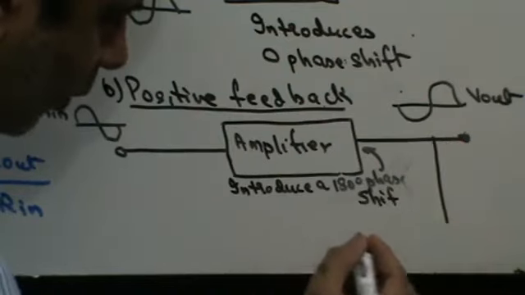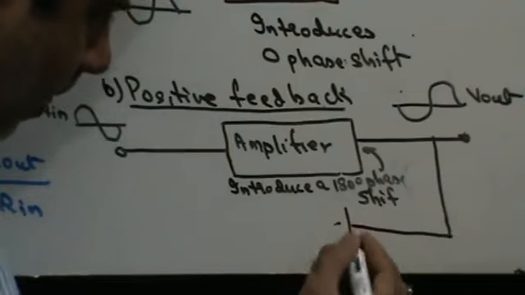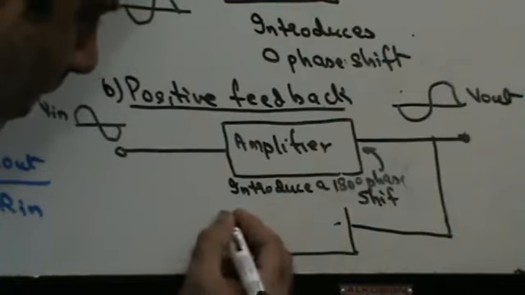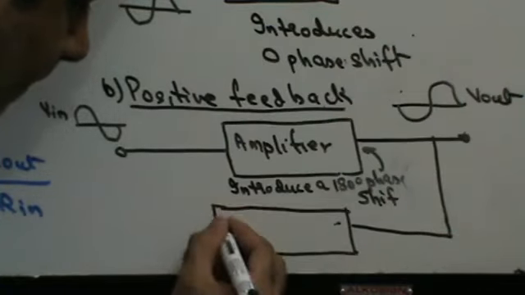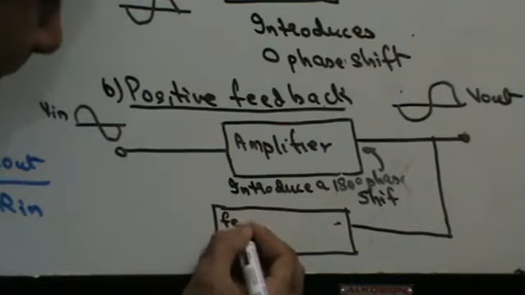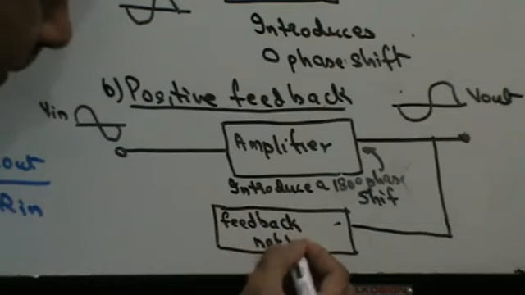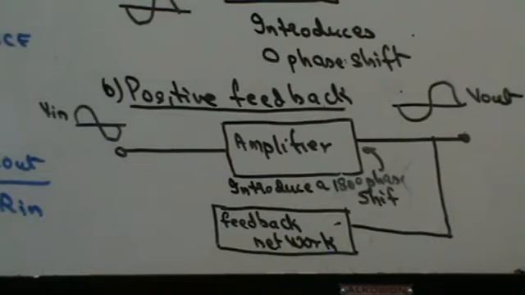Give this output to a feedback network, such that the feedback network again introduces a 180-degree phase shift.